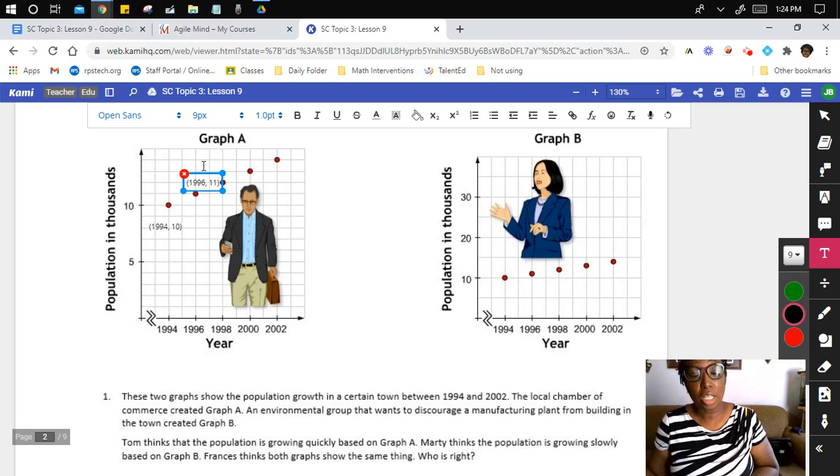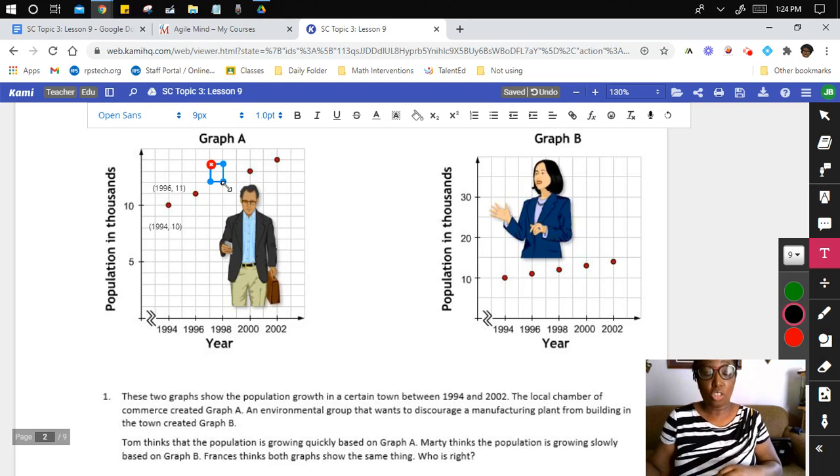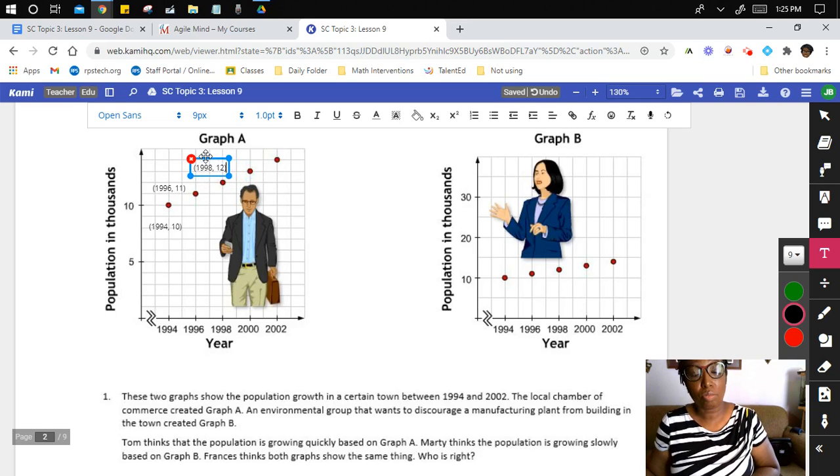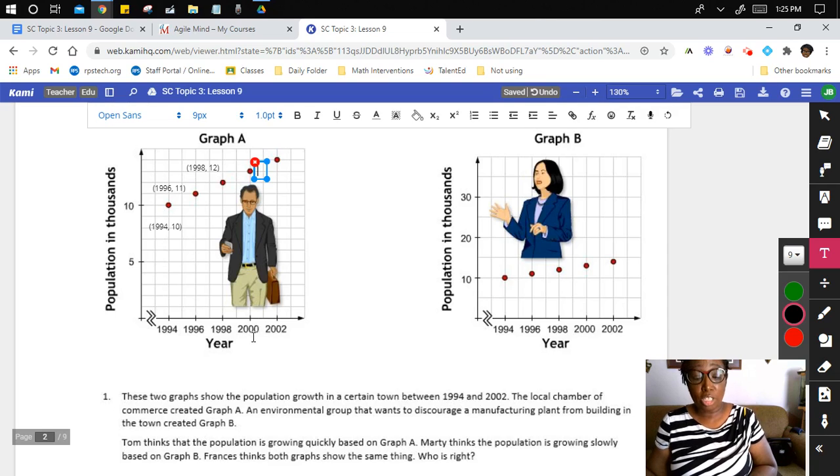Okay, let's put that over here. Let's look at this point. This point was in 1998, and it says 12. So in parentheses, 1998, the population was 12,000. In 2000, the population was 13,000.